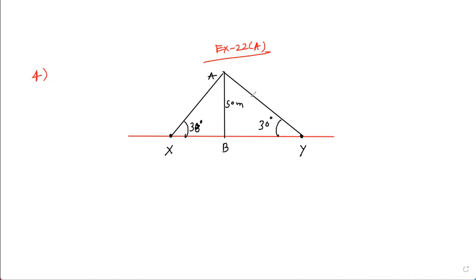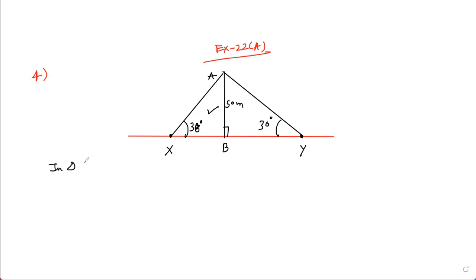Now let us first concentrate on any one of these triangles. Obviously, a tower makes a 90 degree angle with the ground, because any vertical thing standing on the ground is at 90 degrees with it.